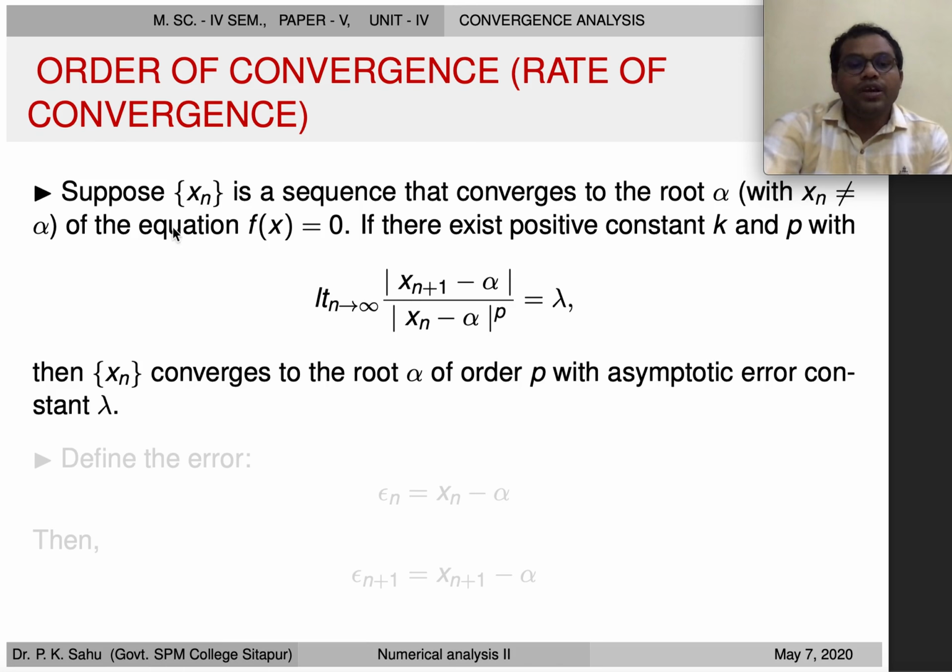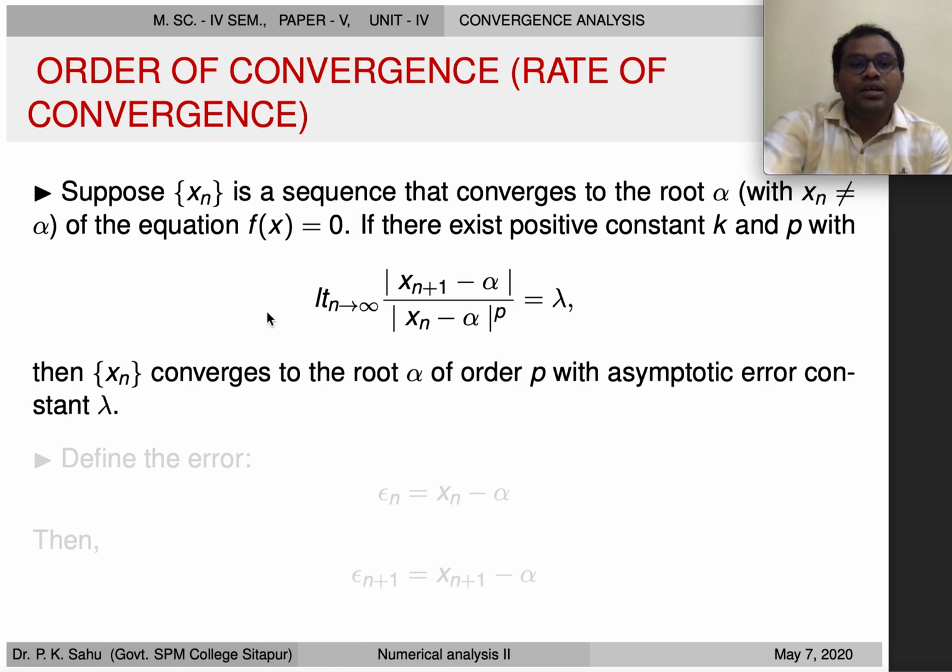So we have a sequence xn, which is a sequence of iterations and which converges to a root alpha. Means we have been given that the equation f(x) has an exact root alpha. So here xn is the nth approximation of alpha, so xn will not be equal to alpha.